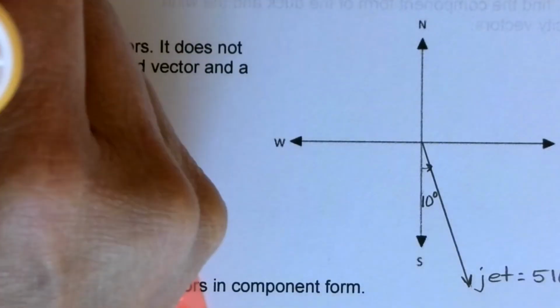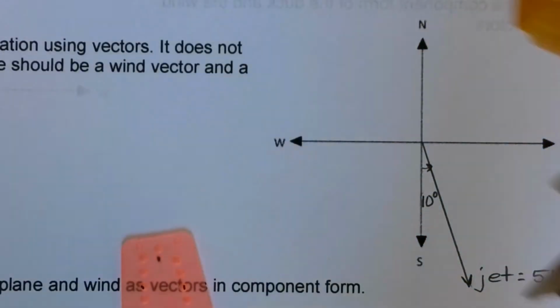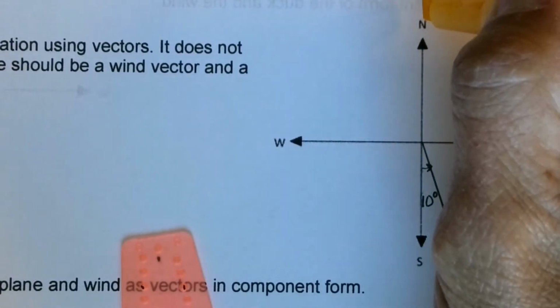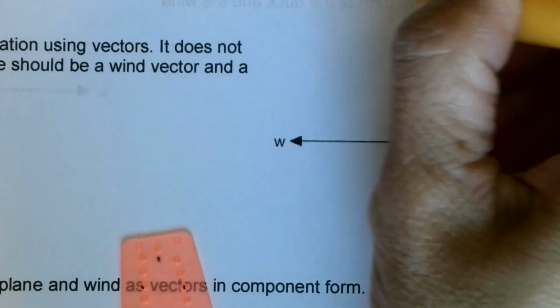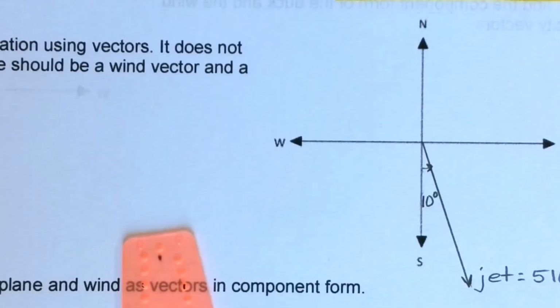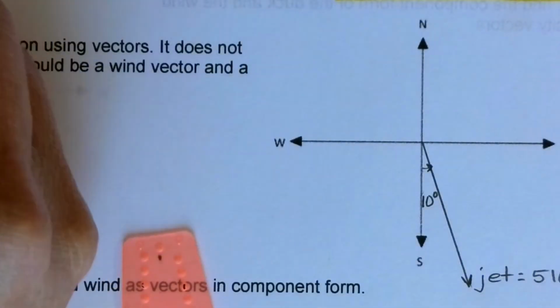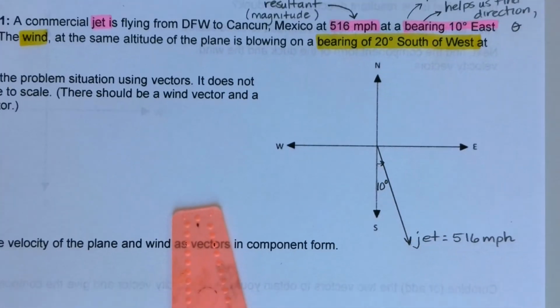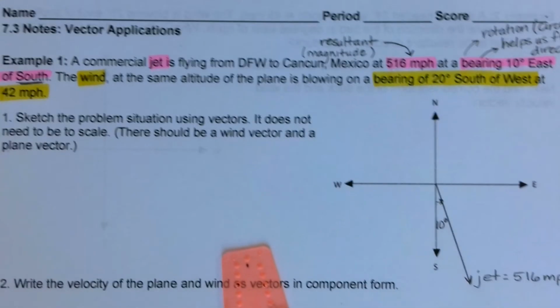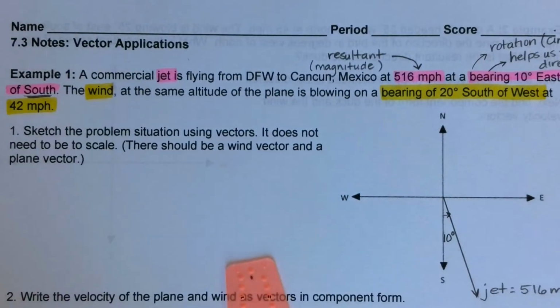They gave us a bearing of 20 degrees south of the west and 42 miles per hour. Now you can't see anything I just finished highlighting, so let me zoom out for a second. I just highlighted this in yellow: bearing of 20 degrees south of west at 42 miles per hour.